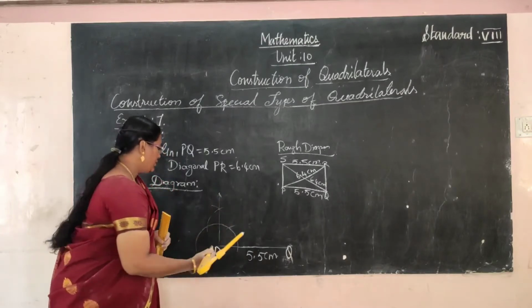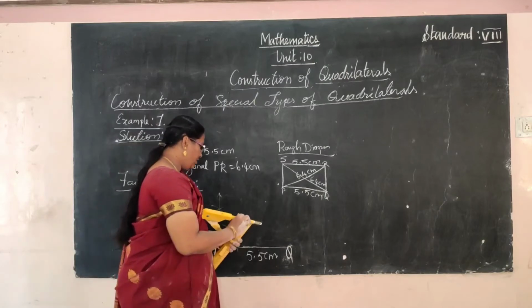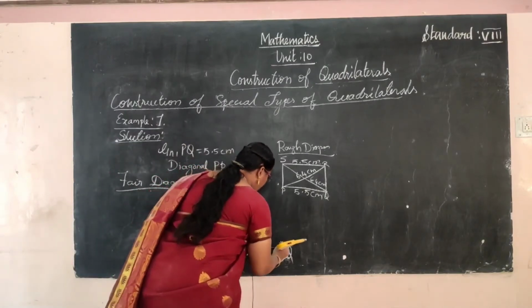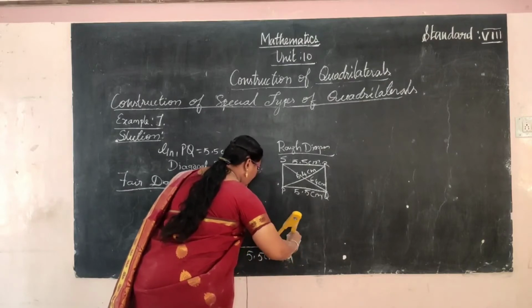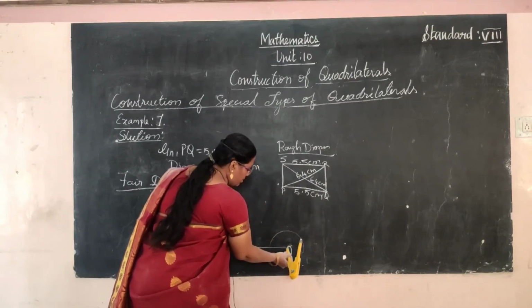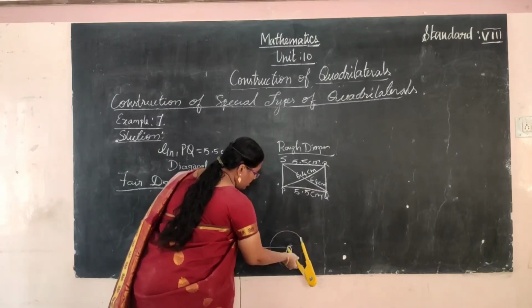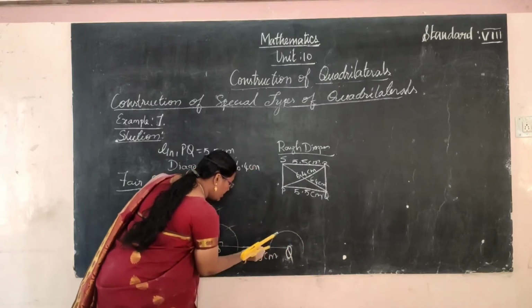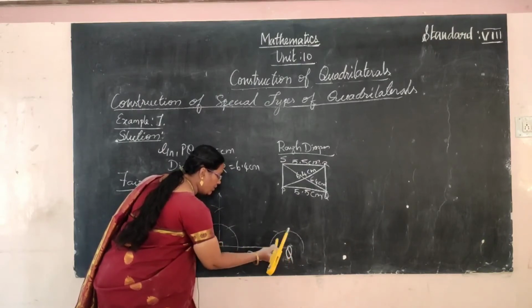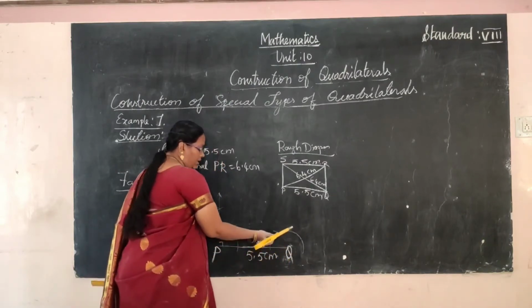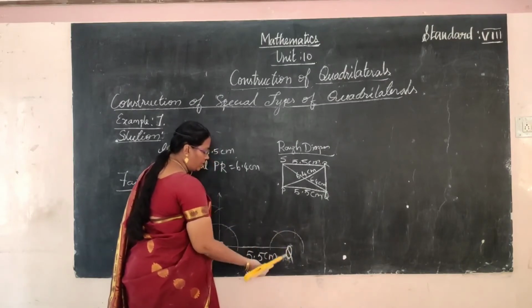Okay, it's 90 degree. And the same process we have to do here also. With center Q, take any one radius. After intersecting the line with the arc from the center, draw another arc, and then intersecting the arc with center, draw another arc.